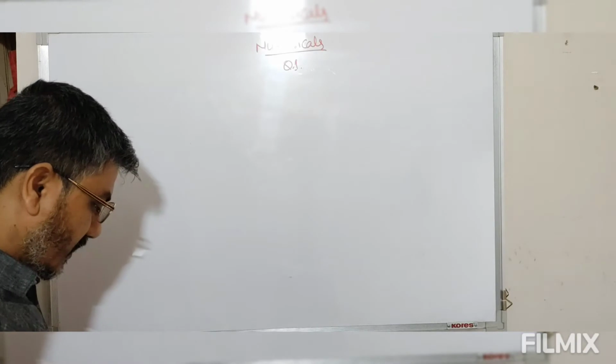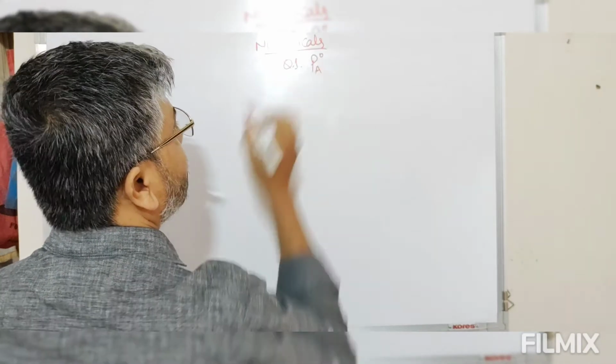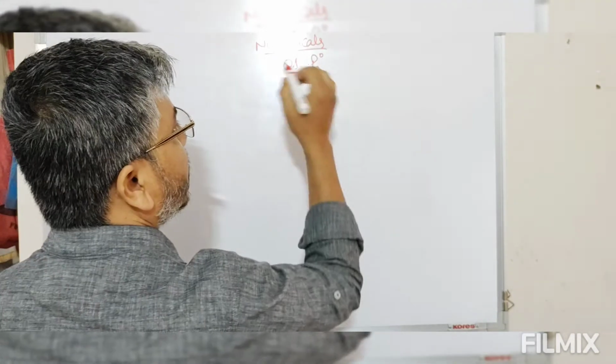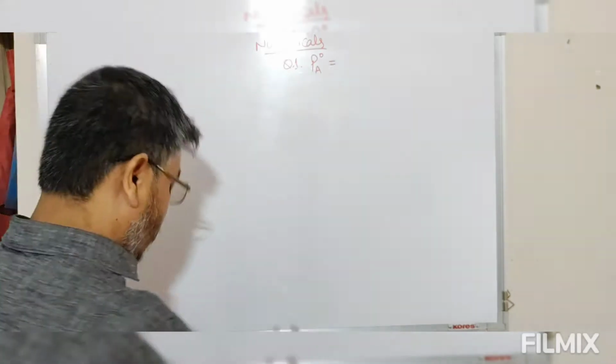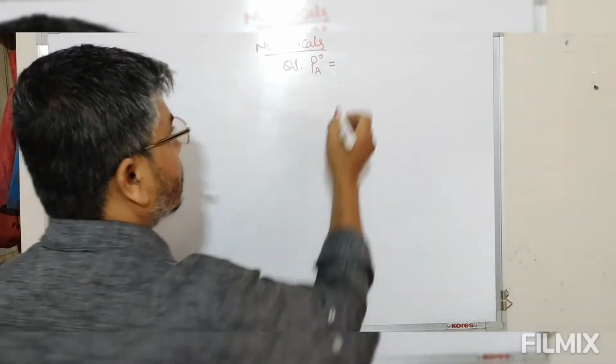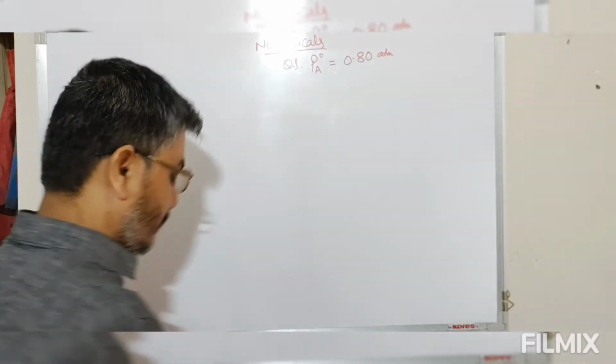Question number 1 says the vapor pressure of pure A is 0.80 atm.